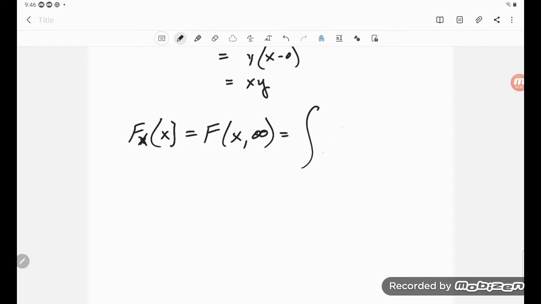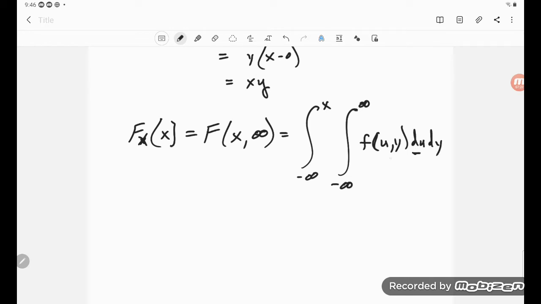So that's equal to the integral from minus infinity to x, integral from minus infinity to infinity of f of u and y du dy.